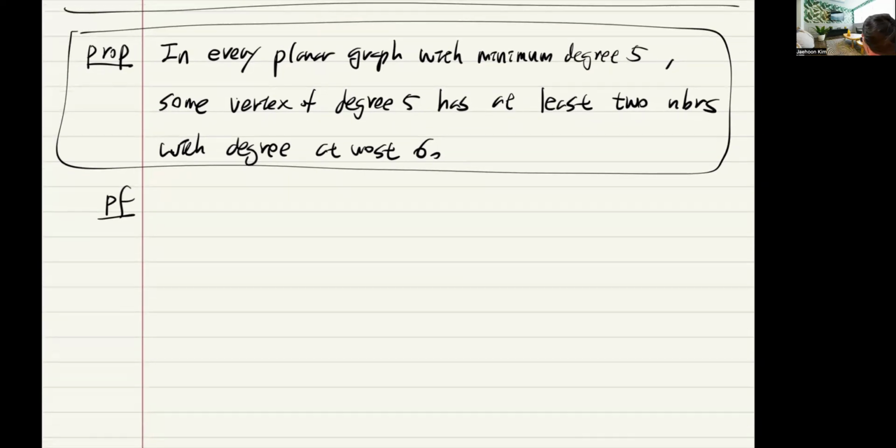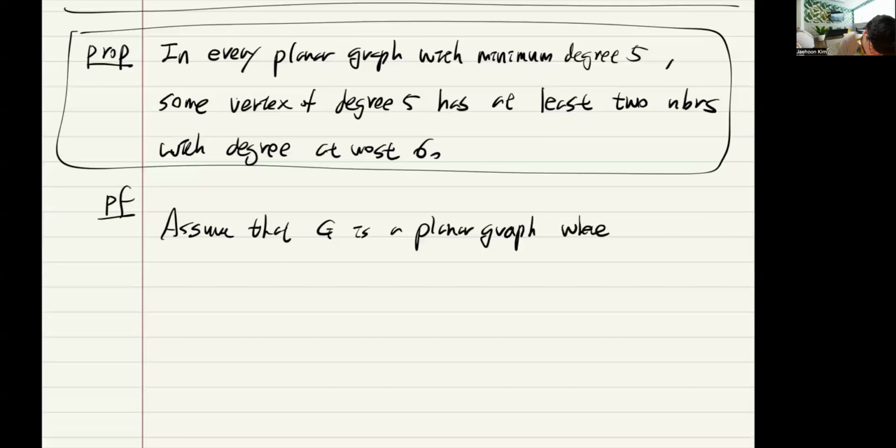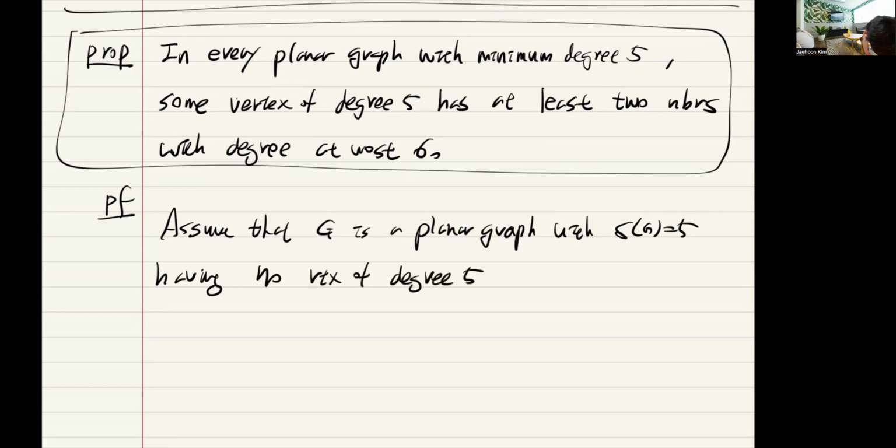So first, assume that G is a planar graph with minimum degree 5, having no vertex of degree 5 that has at least 2 neighbors of degree at most 6.